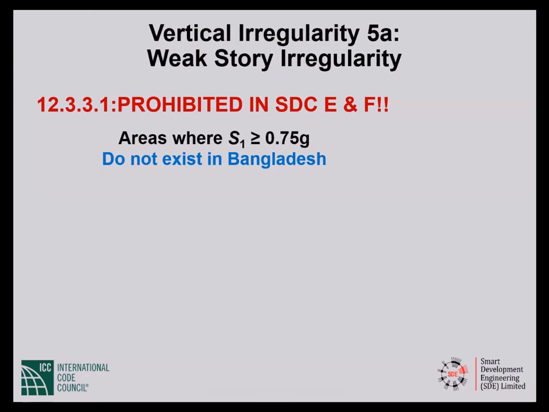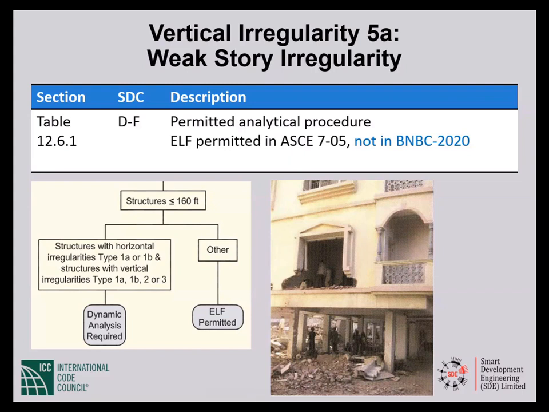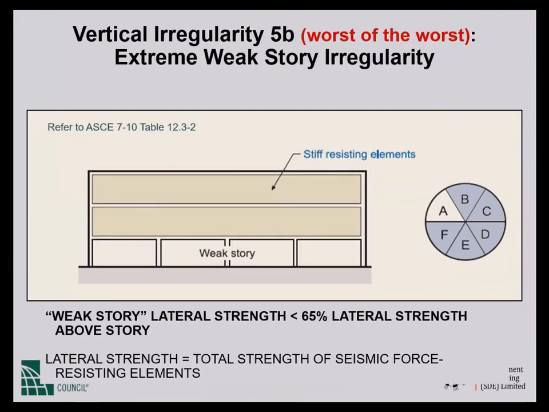5A in ASCE 7 is prohibited in design categories E and F, which do not exist in Bangladesh. If you have 5A irregularity, ASCE 7 will allow you to do equivalent lateral force procedure, but BNBC will force you to do dynamic analysis. 5B, extreme weak story.